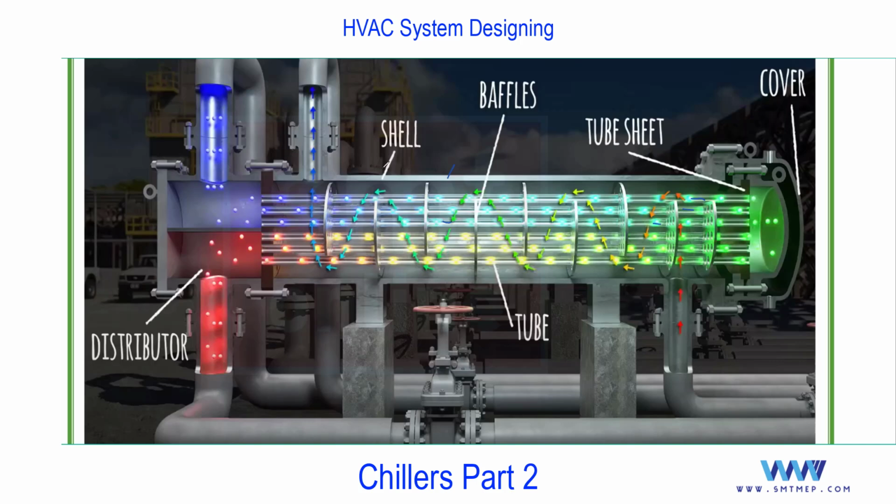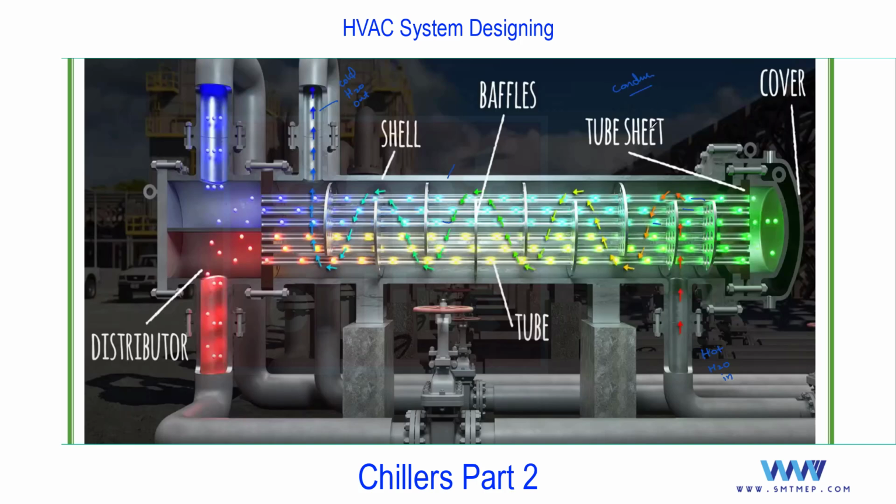So let me show you the water in and out first. You see here, this red color you can consider as hot H2O in, means hot water in, and this blue color you can consider as cold H2O out. In as hot and out as cold. It means I'm using this shell and tube as a condenser.